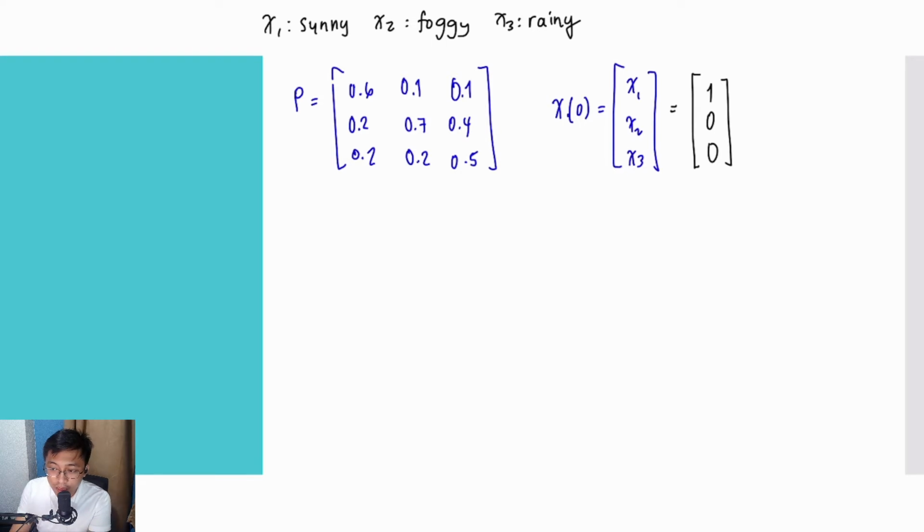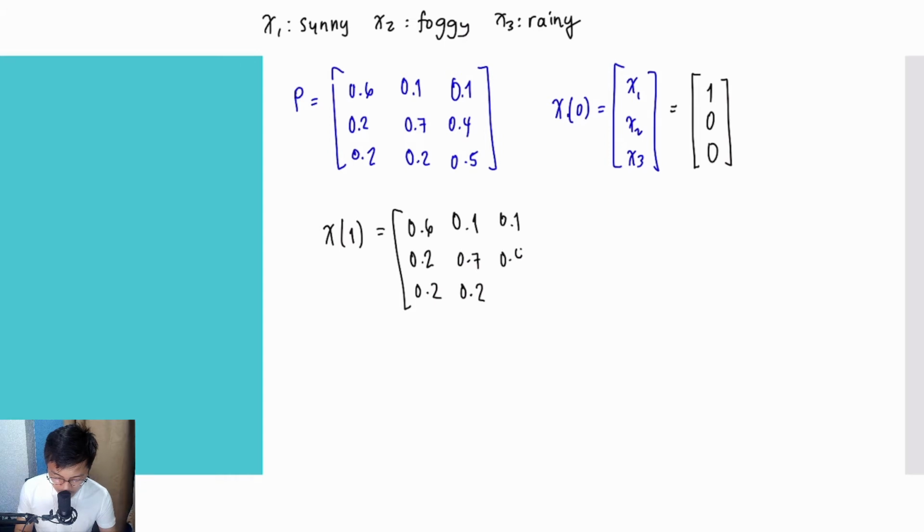Okay, so let's compute the probability. Let's continue. So, okay, this is now our initial state vector. Okay, so we want to check what will happen after 1 day. So using the formula that we have mentioned earlier by the Markov chain definition, we multiply the transition matrix by the initial state vector, or by the current state vector.